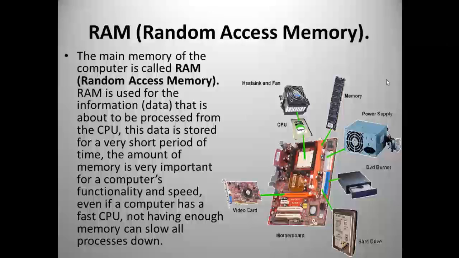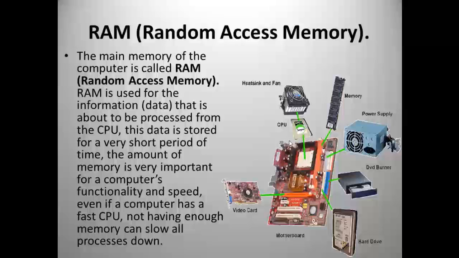What does this mean? It means that if I gave the computer a lot of information and I didn't ask for it to be processed yet, where is it going to be stored? In the memory. But it's a lot of information, right? So if my memory is not really big, it's going to take a lot of time for this to be sent to the CPU and be processed.